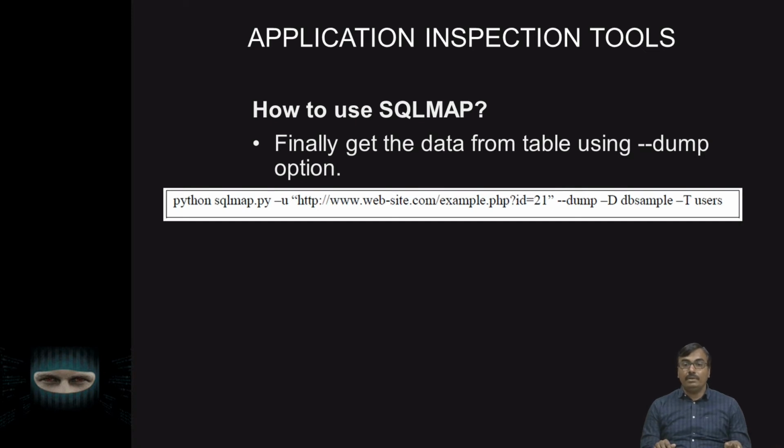Whatever rows are available inside the users table, you can get them using the --dump option. So this is the way you can perform SQLMap.